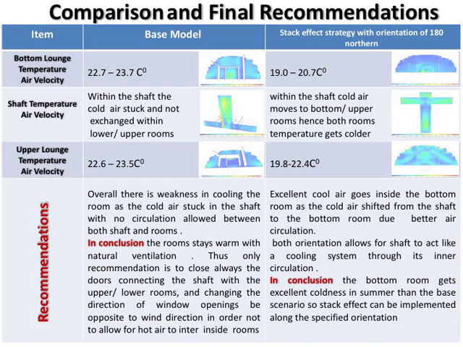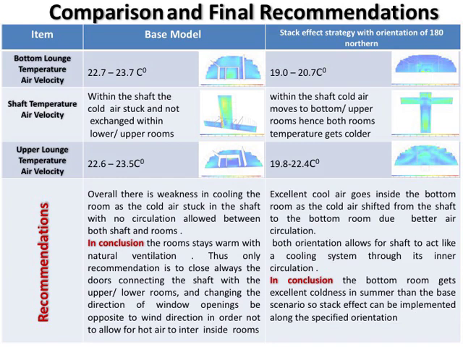Overall conclusion, according to all findings and analysis stated for the London model: for the base model, the lower room temperature ranged between 22.7 to 23.7 and the upper room temperature between 22.6 to 23.5.